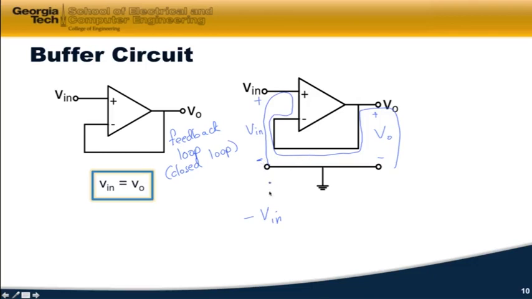Whenever you come to a minus sign, subtract it. Whenever you come to a plus sign first, you add it. So coming across here, I have the minus Vin, and then I've got the voltage drop across this input. Well, with the ideal op-amp behavior, that would be 0 volts. And then coming around here, I get to the plus Vout is equal to 0. And that gives me the equation back for a buffer circuit.